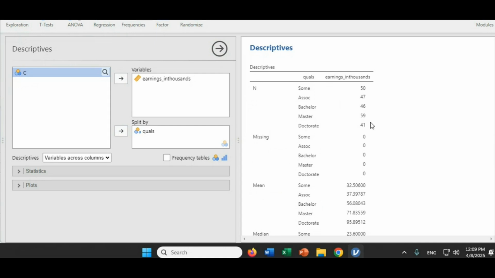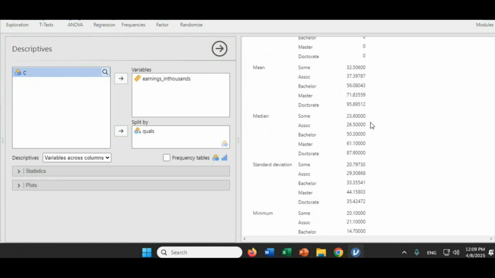Anyone want to tell me what is the mean salary of master's degree holders in this data set? Anyone? Do you see it? What is the average salary of master's degree holders in this data set? 71.8K. You can see that there. So very, very intuitive.